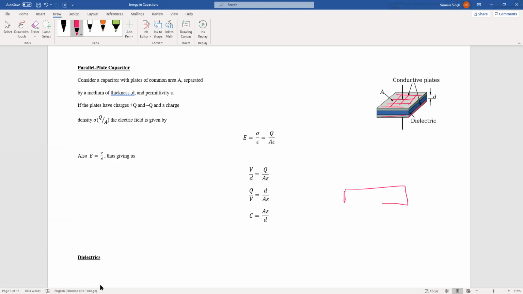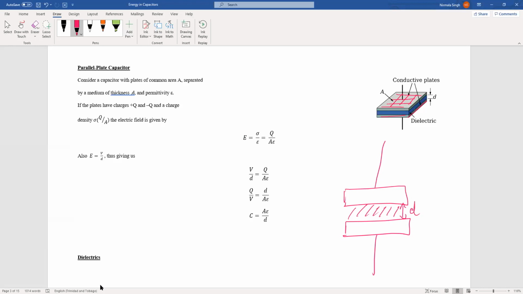So if that is our first plate and second plate, connected to your circuit, it has some medium in between. The distance between these plates, because it's two flat plates, is going to be a constant distance.